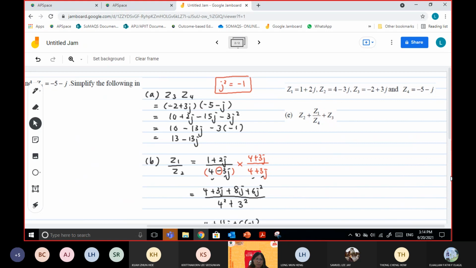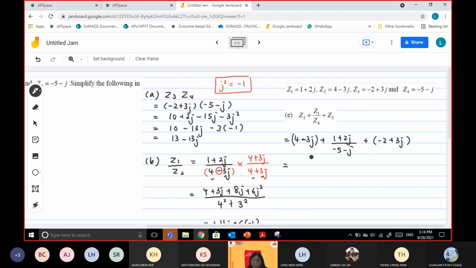For question E, Z2 is 4 minus 3j, plus Z1 over Z4, which is 1 plus 2j divided by Z4, which is -5 minus j, plus Z3, which is -2 plus 3j.